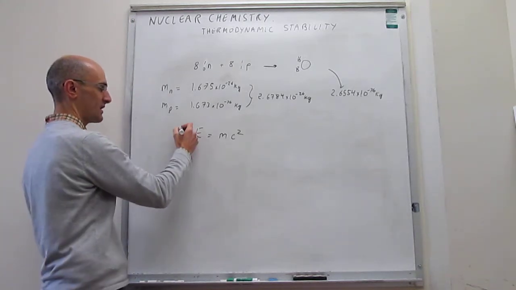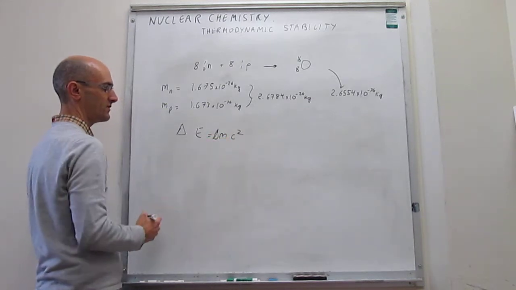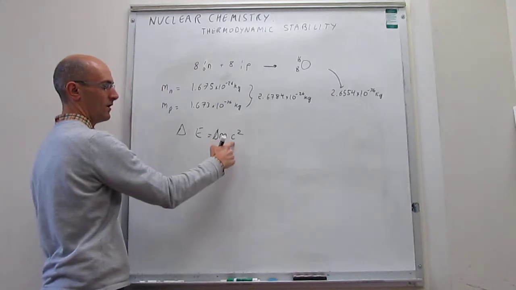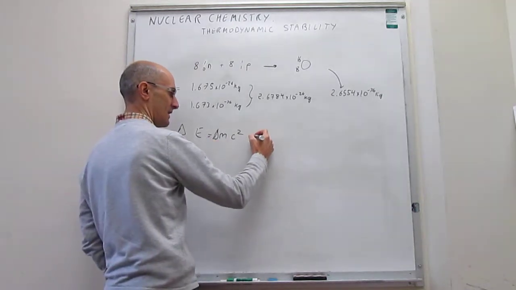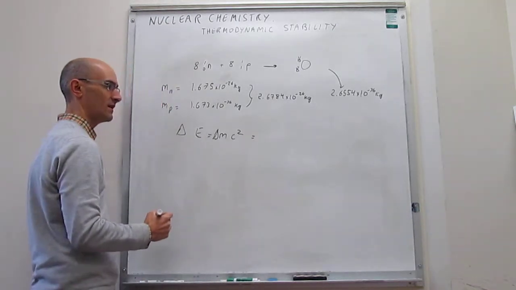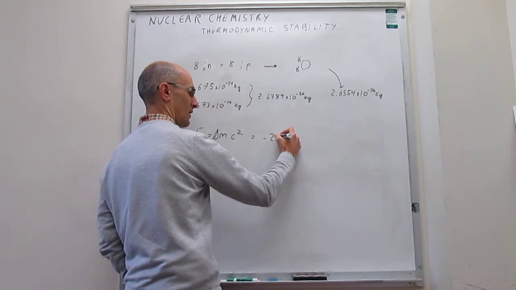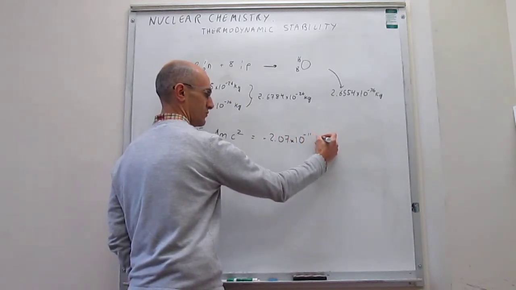We take the difference of these masses, plug it in, multiply by the speed of light squared, and what we find is that delta E happens to be a ridiculously large number. It's going to be minus 2.07 times 10 to the minus 11 joules.